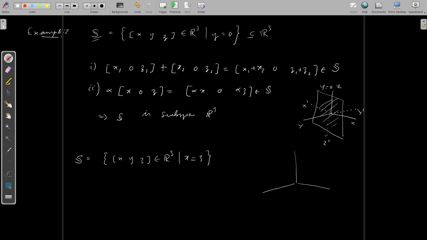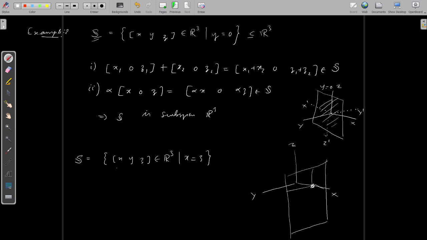I take this as X, this as Y, and this as Z. Then at x equal to 3 we can consider this as a plane. It's a plane passing through this point. Then we can say that this is the subset S. We need to verify whether this is a subspace.